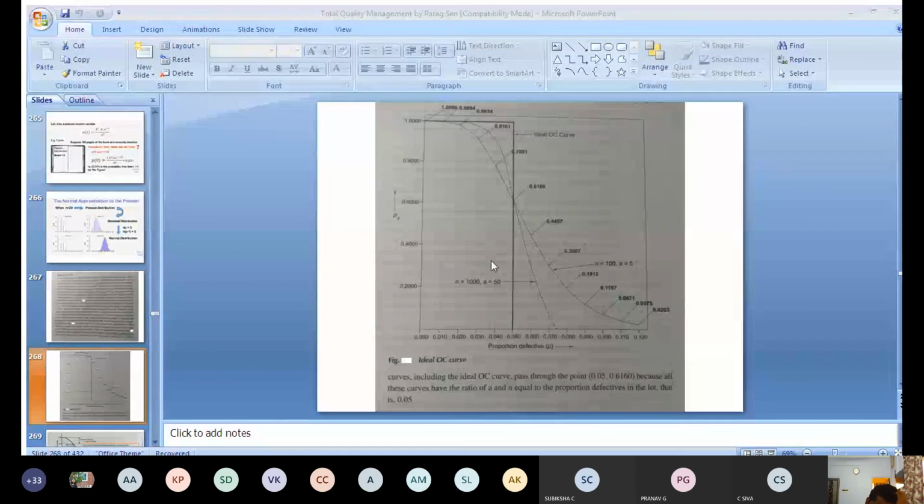If you know the proportion defective, you can identify the operating characteristics curve, and you can also identify the probability of acceptance, if the ratio remains the same.